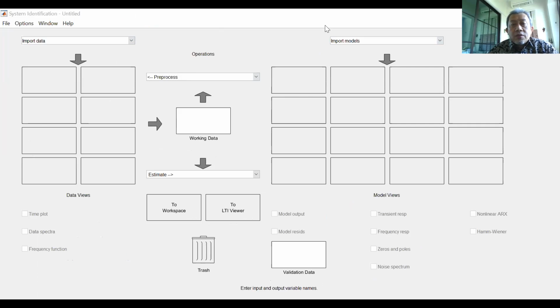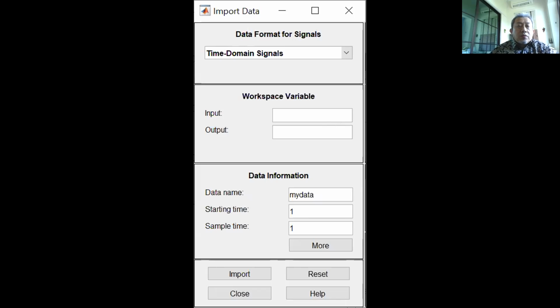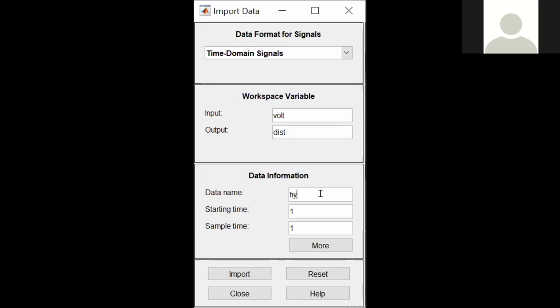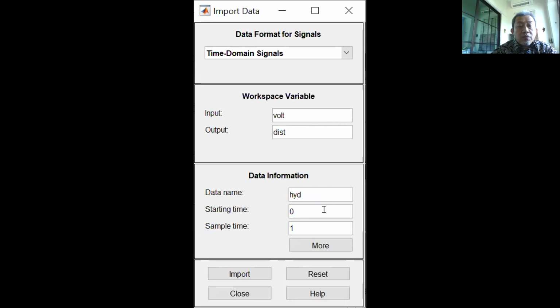Input time domain data. Okay. Untuk data C, input dia adalah volt. Outputnya adalah dist. Starting 0.